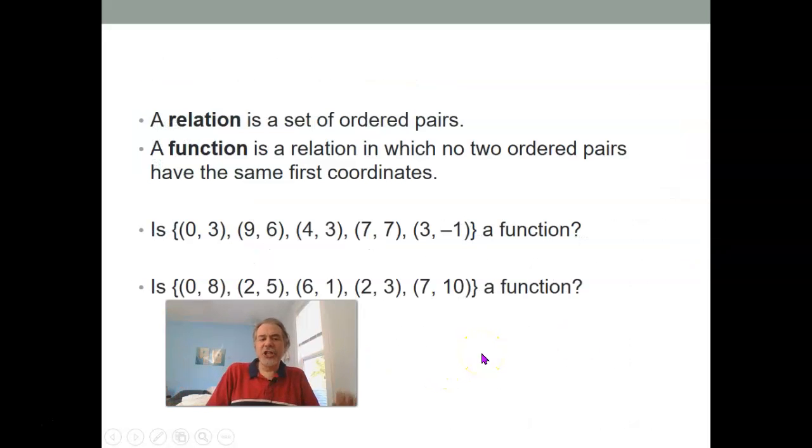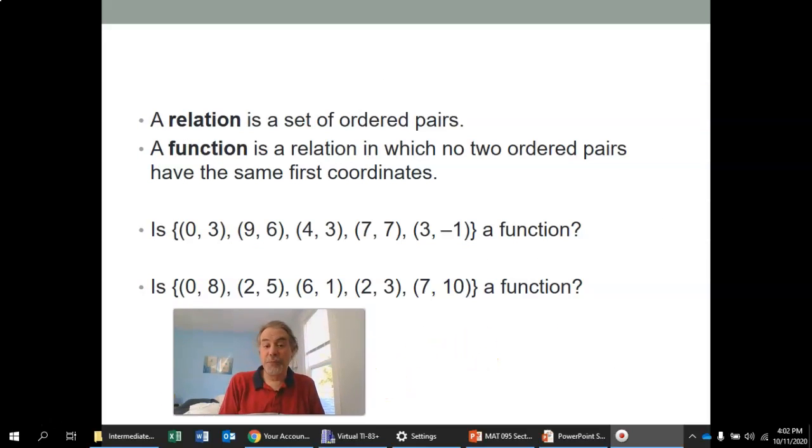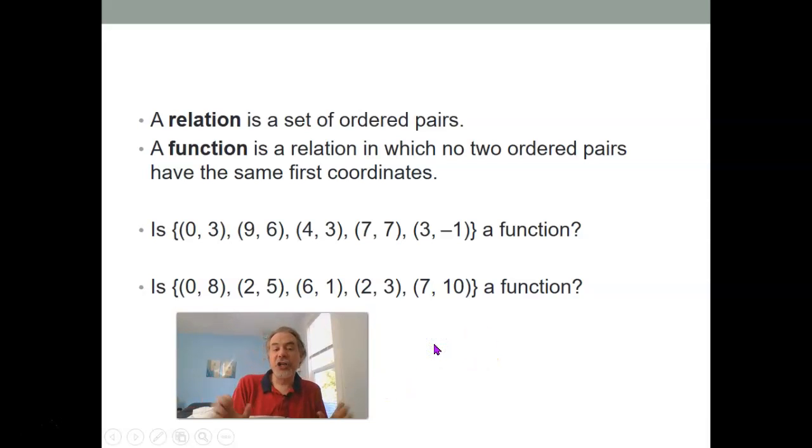So a relation is any set of ordered pairs. A function is a relation, that is a set of ordered pairs, in which no two ordered pairs have the same first coordinates. So here is a set of 5 ordered pairs. It is a relation, but is it a function?